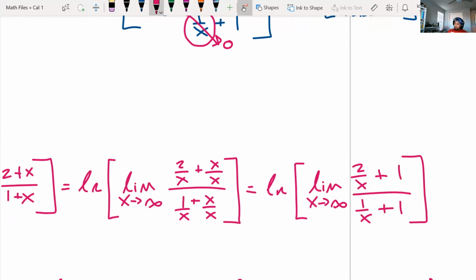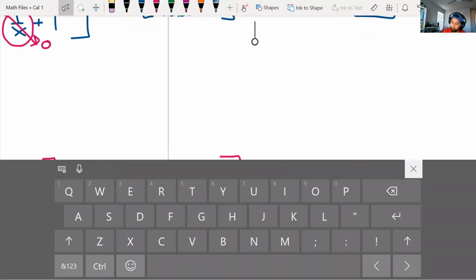All right. And then we know that 2 over x and 1 over x are headed towards what number? 0.